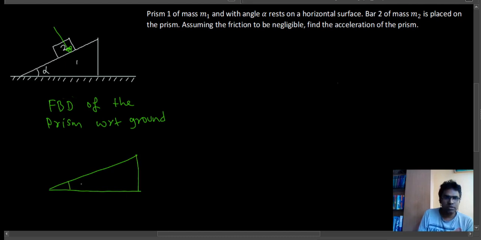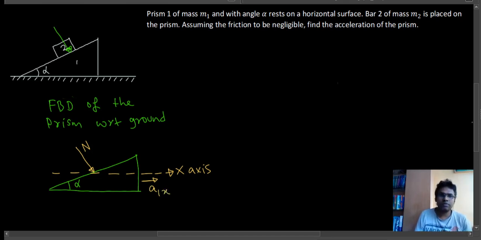So if you look at that force, let's say this angle is alpha. The force applied by the bar on the prism is in this direction. Okay, so let's call this n. Now if I take the horizontal direction as the x-axis, the acceleration of the prism in the positive x direction, let's take it as a1x.